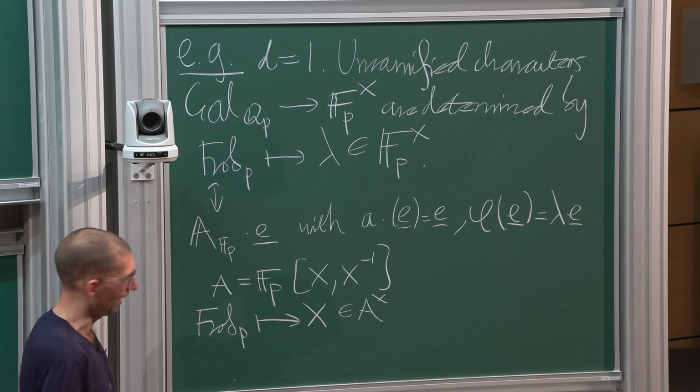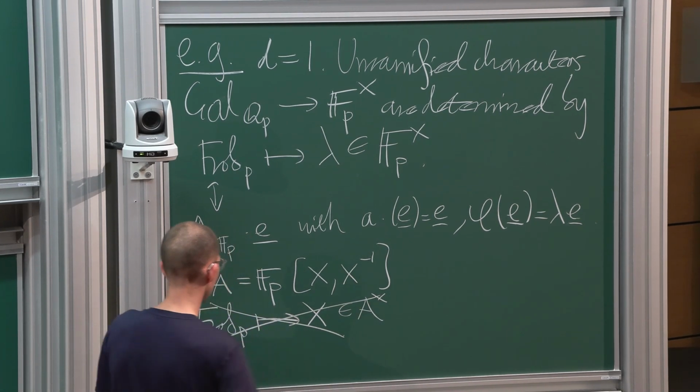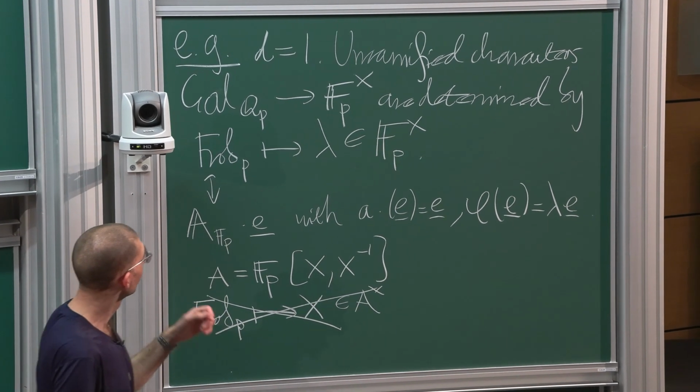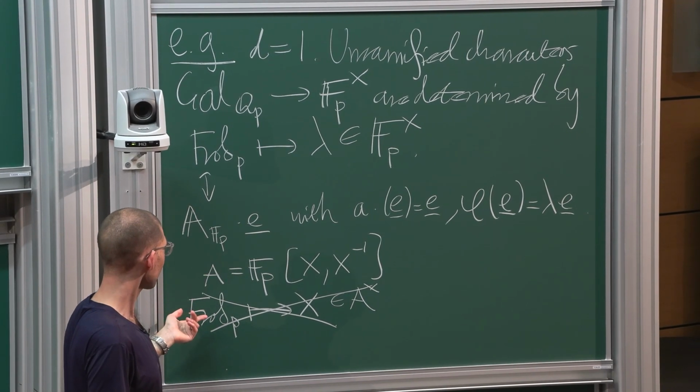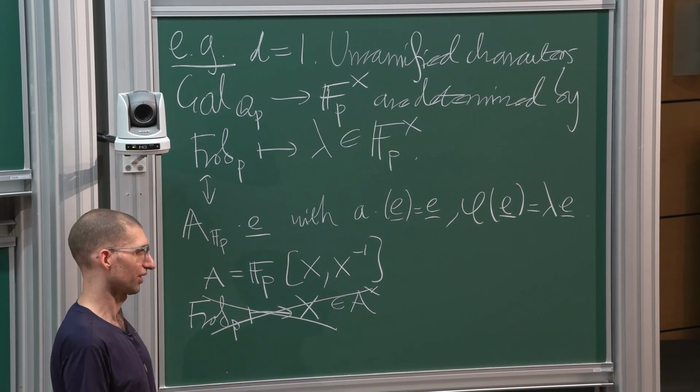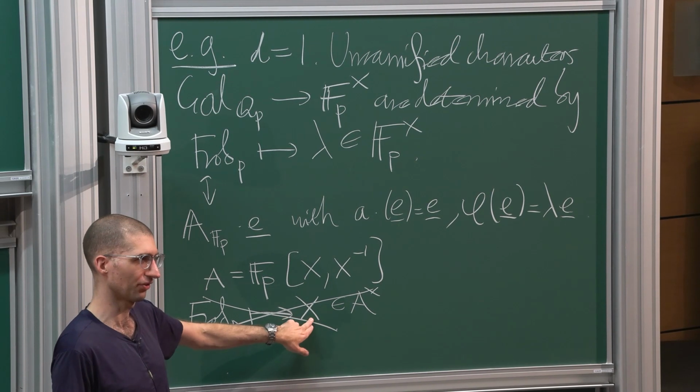This is something I'm not allowed to do, just because the unramified Galois group, the absolute Galois group of Fp, is a copy of Z hat, and I can't raise X to non-integral powers.